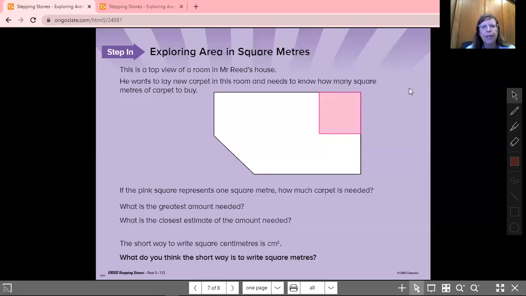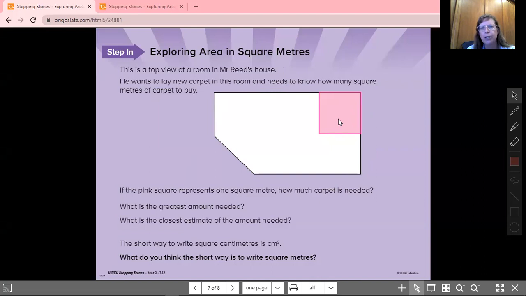Okay, I'm going to go back to our Stepping Stones book now and share that screen with you while we do the step-in problem together. Okay, this is a top view of a room in Mr. Reed's house. He wants to lay new carpet in this room and needs to know how many square metres of carpet to buy. If the pink square represents 1 square metre, how much carpet is needed?